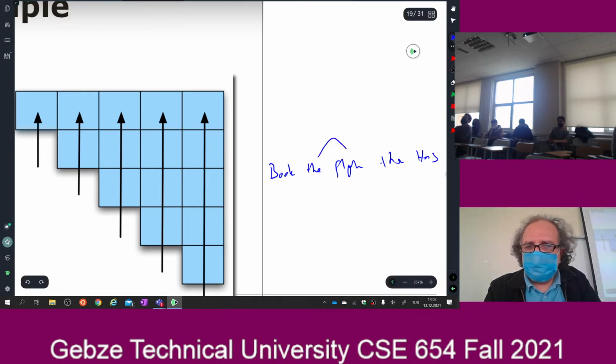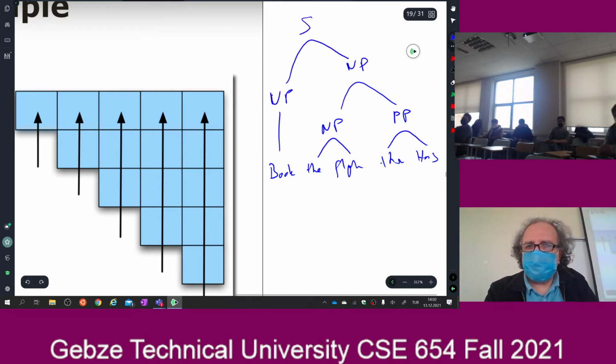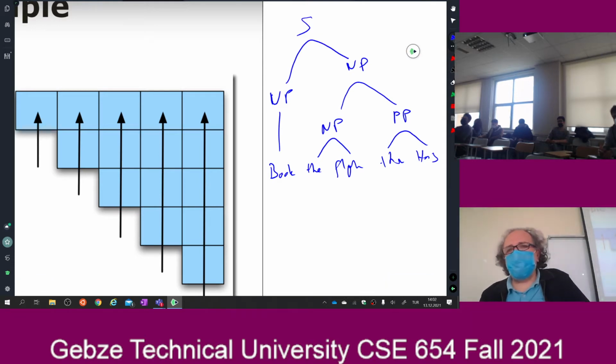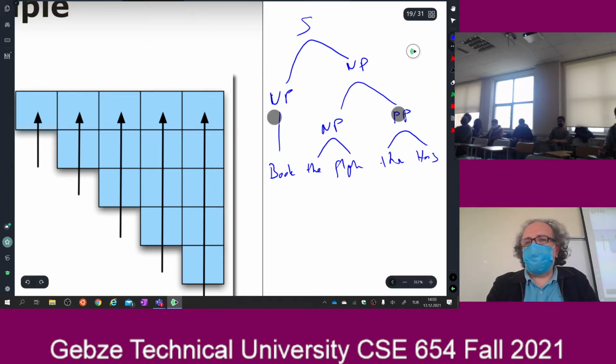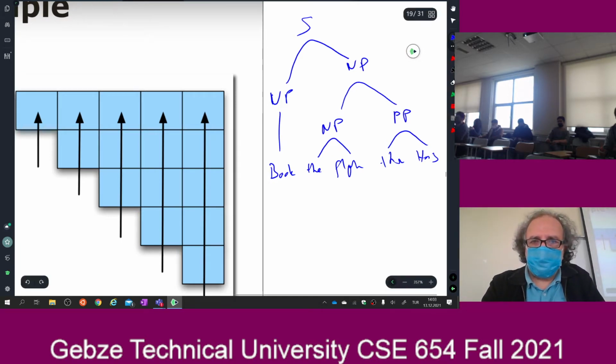The flight is noun phrase, prepositional phrase, and this is again noun phrase 2, and this is verb phrase. This is one meaning. Another meaning would be book to fly through Houston. Through Houston would be a part of this verb phrase 2. Okay, this is verb phrase.